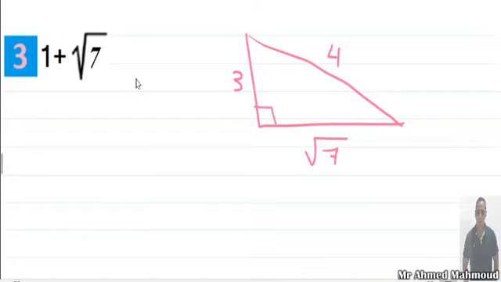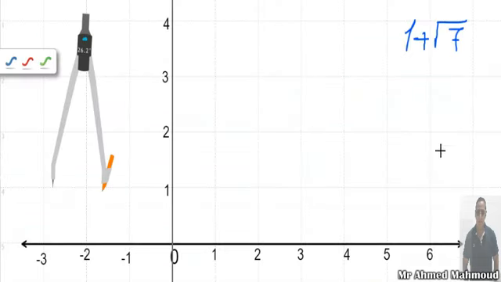Let's represent this one on the number line like this. Now I need to represent 1 plus square root 7. I will follow the steps of drawing root 7, but when I drew root 7, I started by representing the height at 0. But here I'm going to make the height over 1 like this.